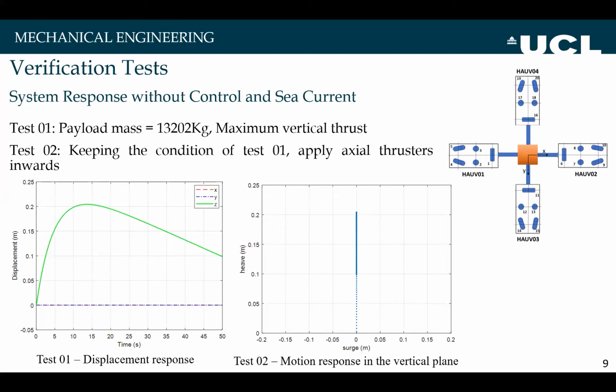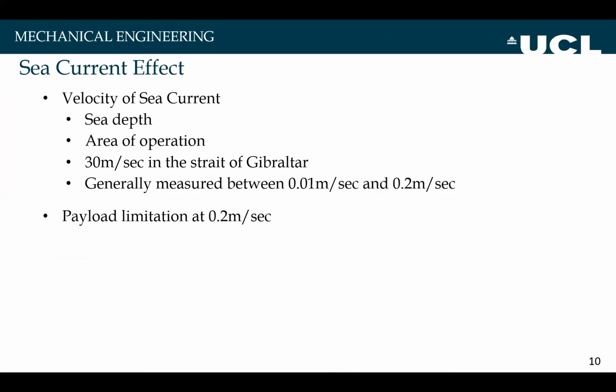So after the initial verification test and getting confidence in the model, I looked into the sea current effect. So first, a study was done on how much sea current velocity or sea current force the system can bear. So it was looked at that the velocity of sea current depends on sea depth and the area of operation.